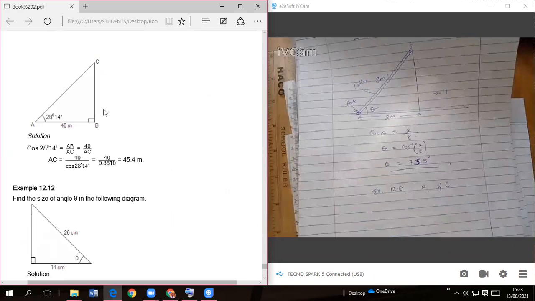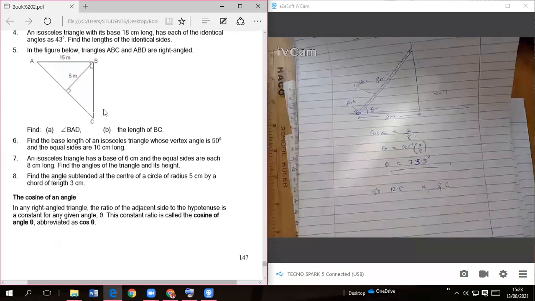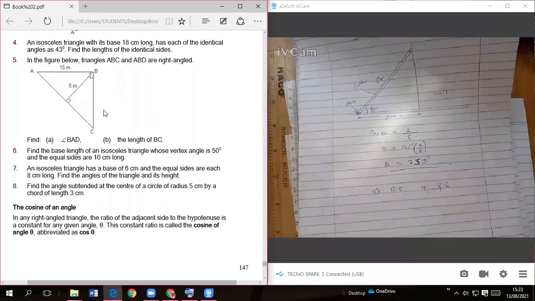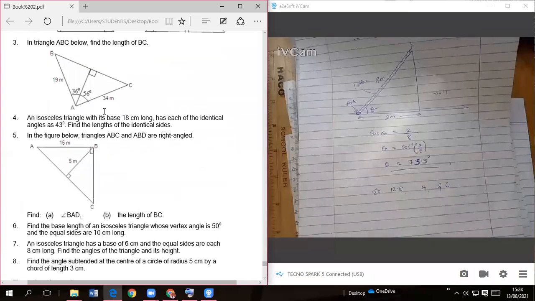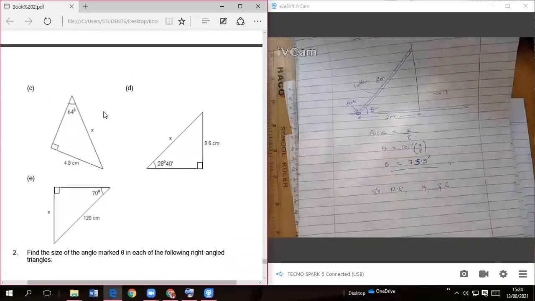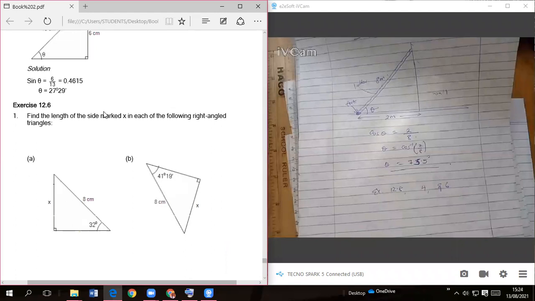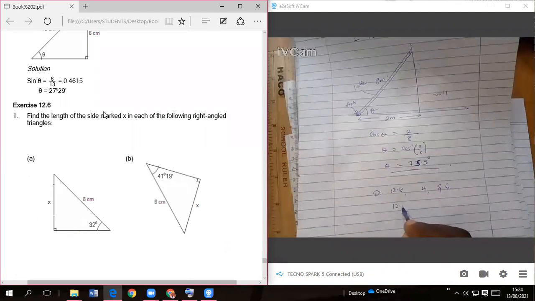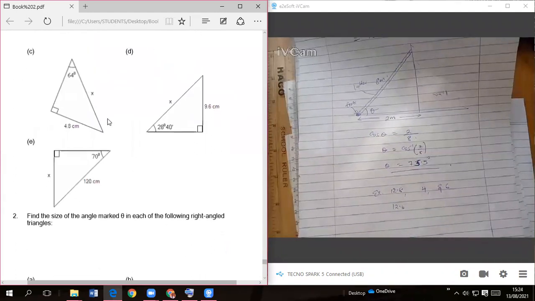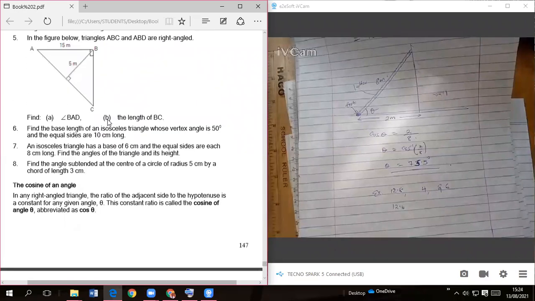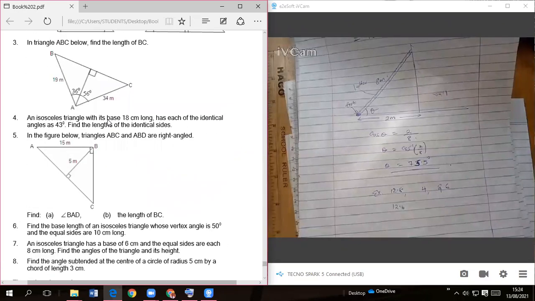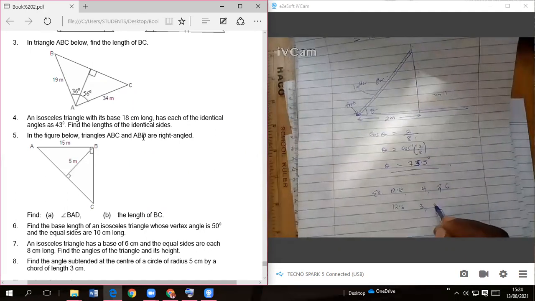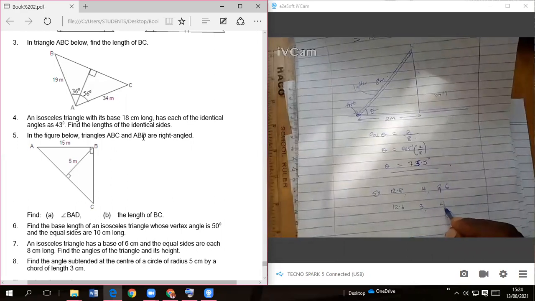Okay, that's very easy. So you also do another one here, exercise 12.6, and you do question 3 and question 4.